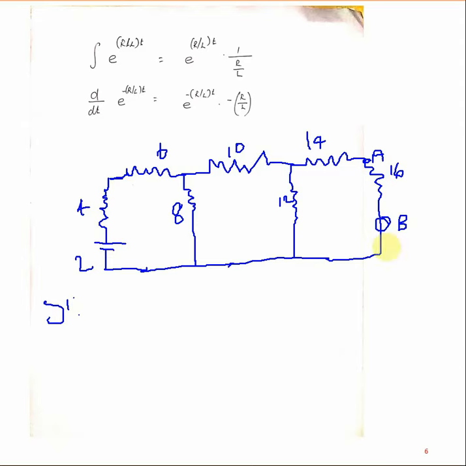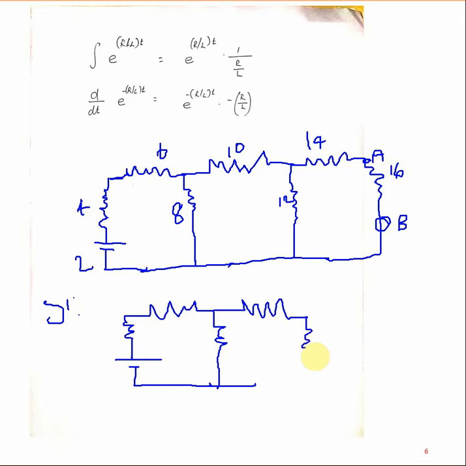The load terminal needs to be removed. So this is the voltage source, followed by 6, 8, then 10, then 12, and this point is B. If you connect the resistance, it is of no use because it is an open circuit.